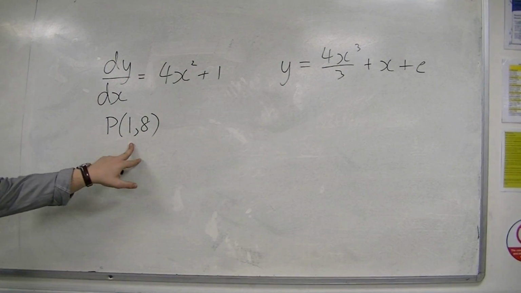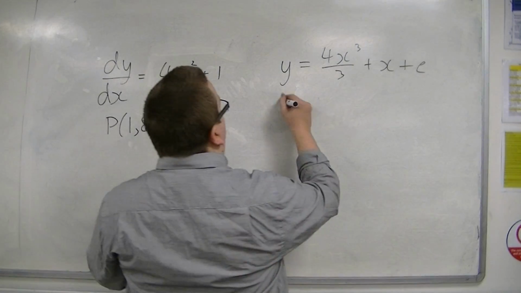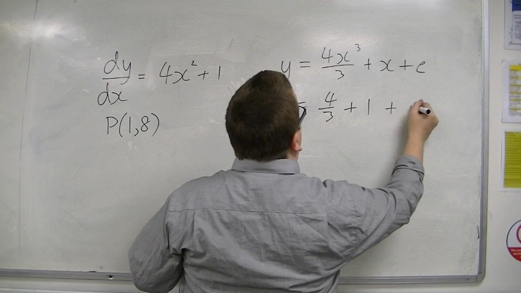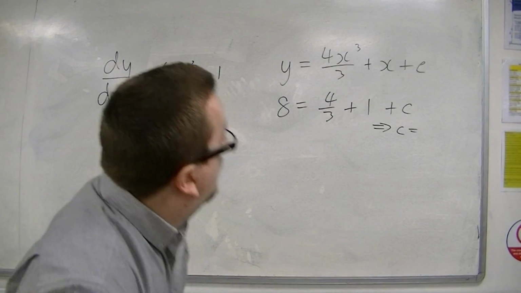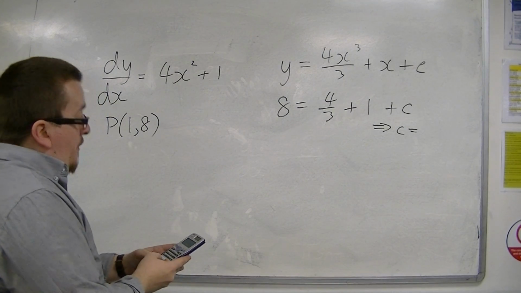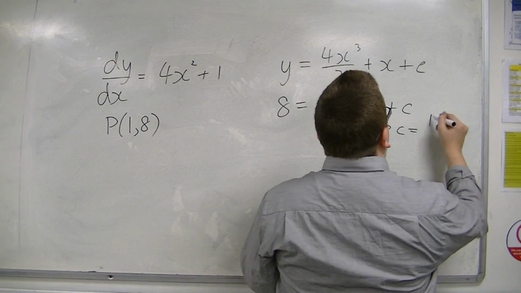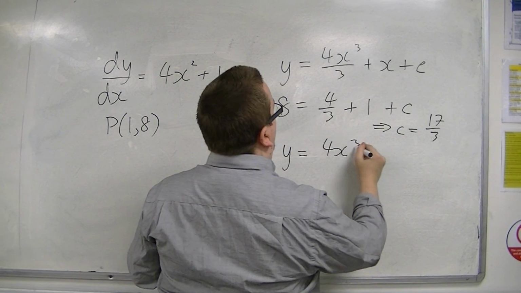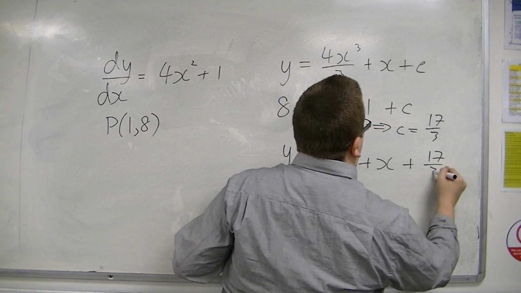Sub in the point (1, 8) and that would give me c, so 8 is equal to 4/3 plus 1 plus c. So c would be 8, take away 4/3, take away 1, so 17/3. So y is equal to 4x cubed over 3 plus x plus 17 over 3.